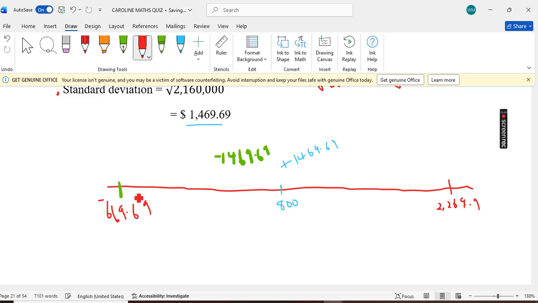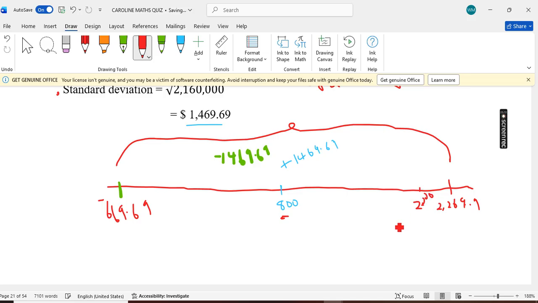So colleagues, think of this as the range of what you can earn if you invest in this. The standard deviation is giving you the range you can earn. If you invest, you might not get $800 that year, you might get $2,000, best case scenario.